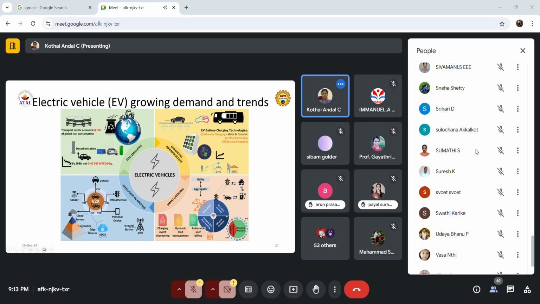One more main advantage of EVs that people like is V2X technology. V2X means vehicle to anything: V for vehicle, X for any communication or any device. It can be personal devices, mobiles, other cars, the grid, or smart buildings.